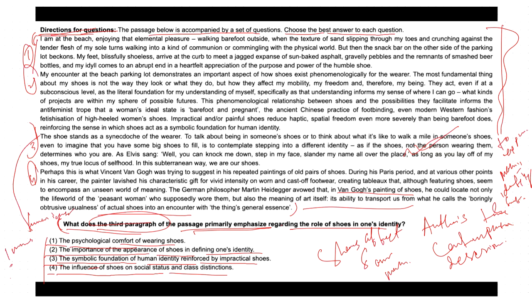It suggests that shoes play a role in how we perceive ourselves and our identity, and this supports option three, where it is clearly stated the symbolic foundation of human identity reinforced by impractical shoes. So this is most appropriate to this particular question.